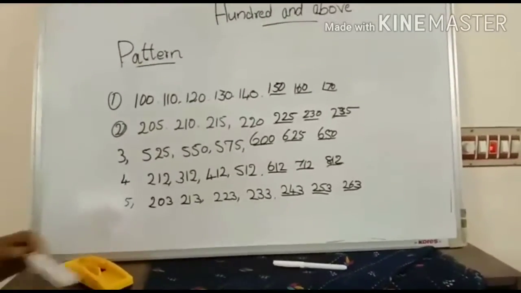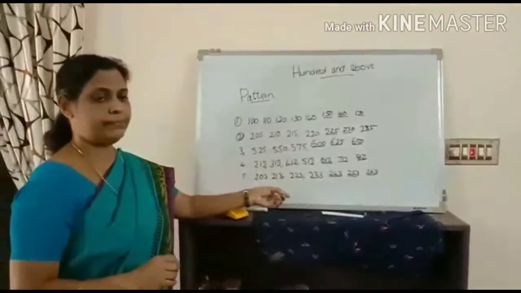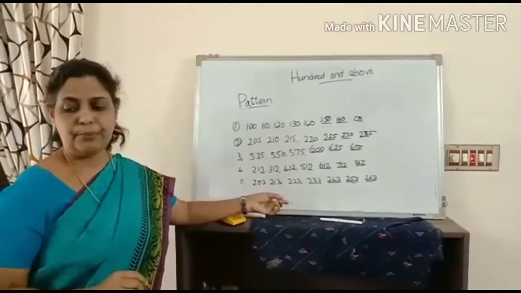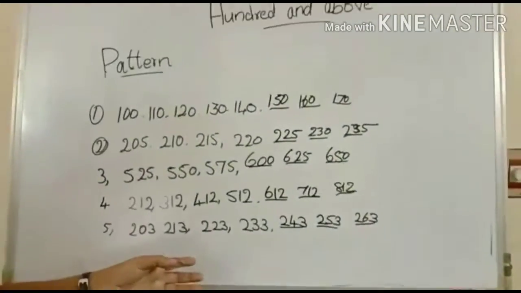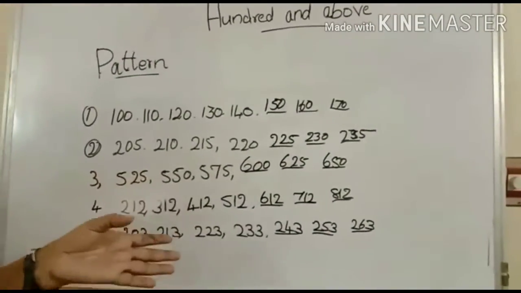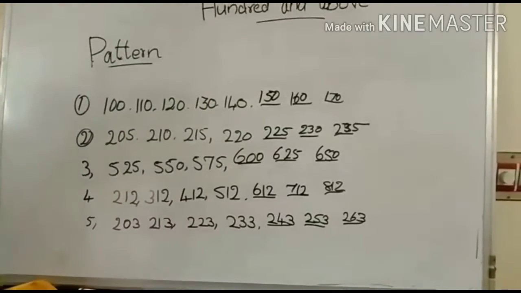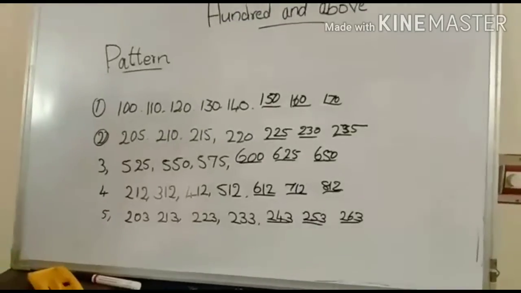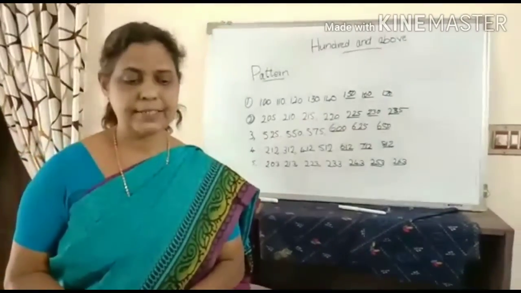Yes. Take your notebook. Write it in your notebook. All of you take your notebook, pencil, rubber. Do you have it? Yes. Then write this down in your notebook. Please write down. Did you write?